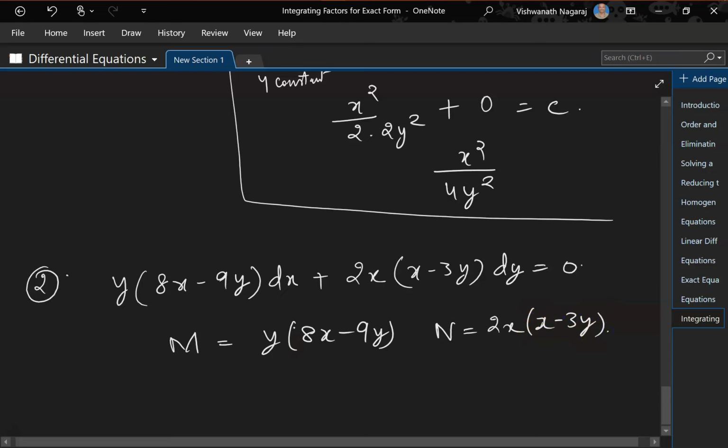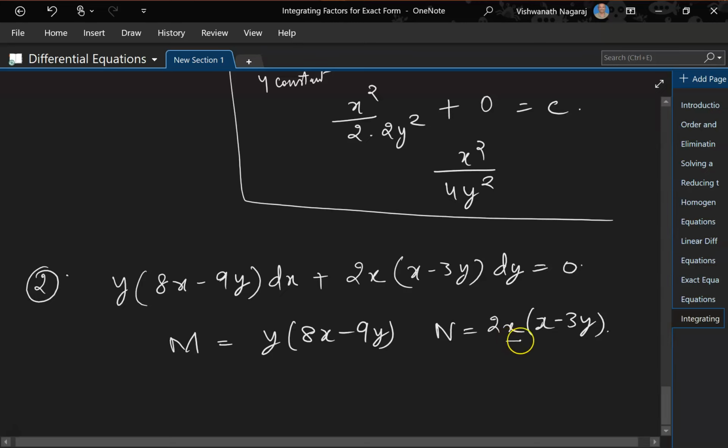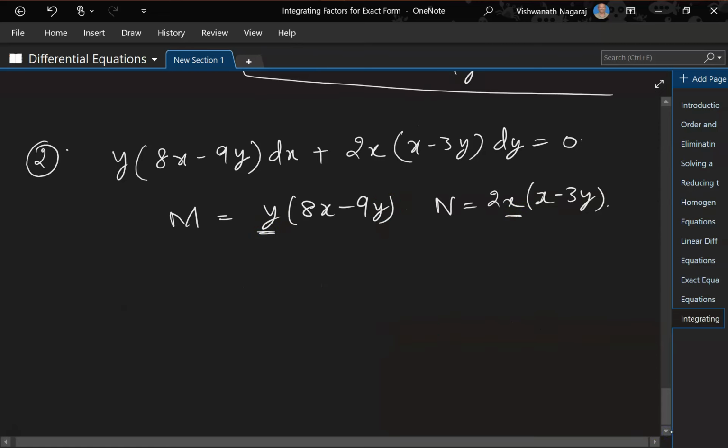Okay, now let's look at the rules. Here you notice x and y terms, so let's look at dou M by dou y minus dou N by dou x. Dou M by dou y, we integrate with respect to y: 8x minus 18y.